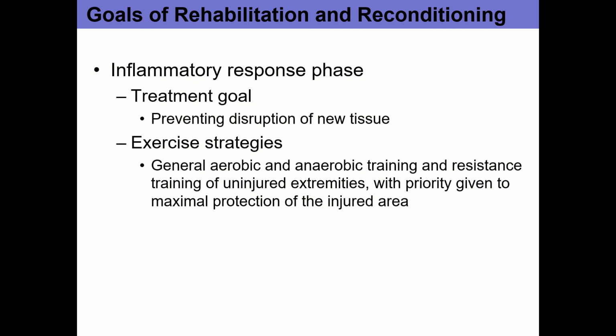And the idea there is that they don't lose as much of their aerobic capacity as they would if they were just sitting around. Because as we talked about really early in the class, one of the first adaptations to aerobic training is an increase in plasma volume of the blood.